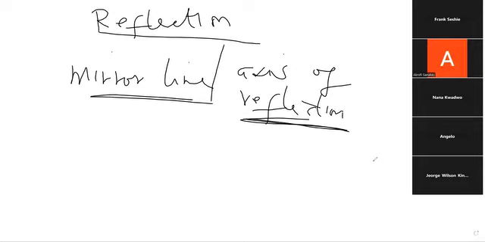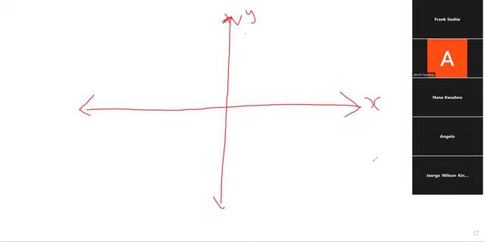Okay. So if we have our normal graph, we are likely to have the X and then the Y axis. That is our normal graph.